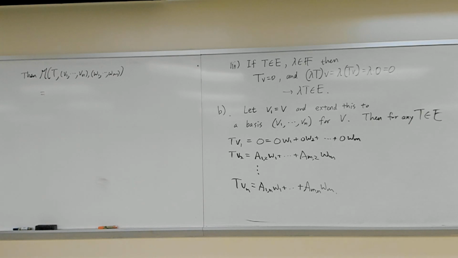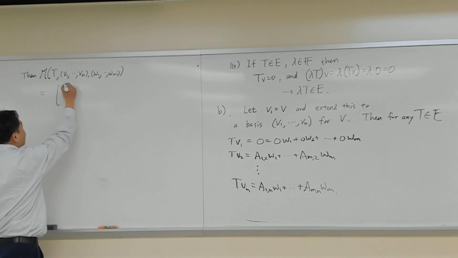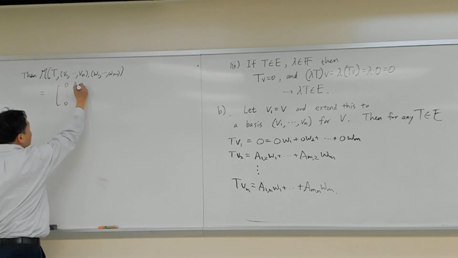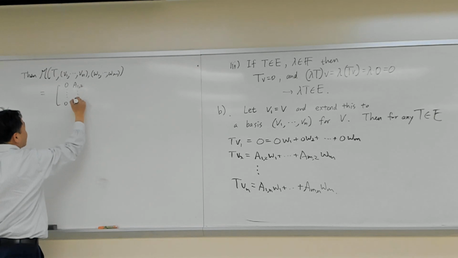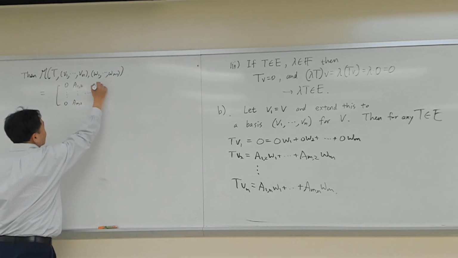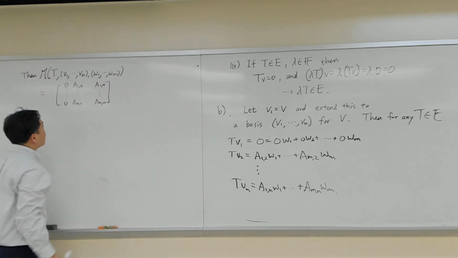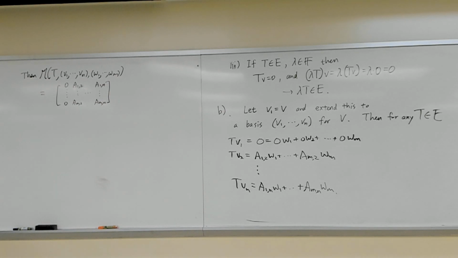You'll have zeros in the first column. Then you have a12 through am2, and so on up to a1n through amn. That's going to be the matrix representation.